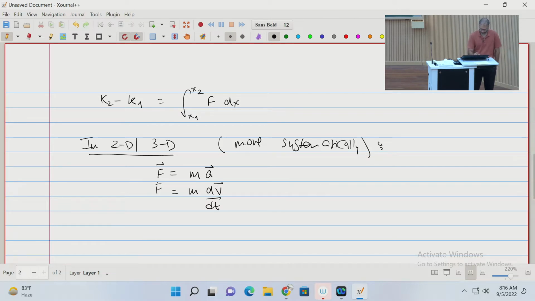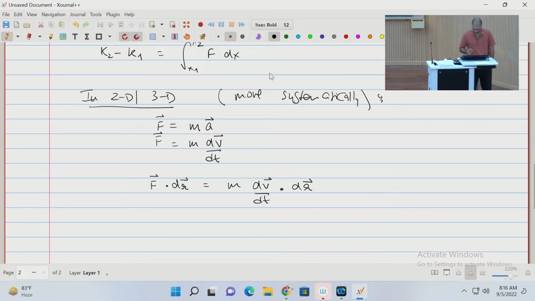Now we take a dot with dr on both sides. So dr vector is the displacement vector. Dr can be written as v times dt.